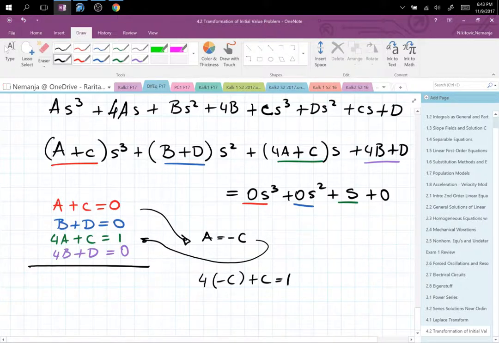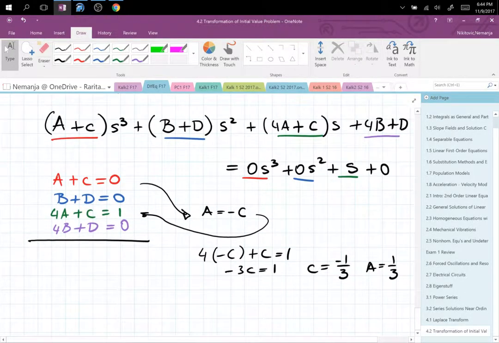That's going to be negative 3C equals 1, from where C is negative 1/3. Which immediately means that A is positive 1/3, because A is equal to negative C. And I got A and C immediately.